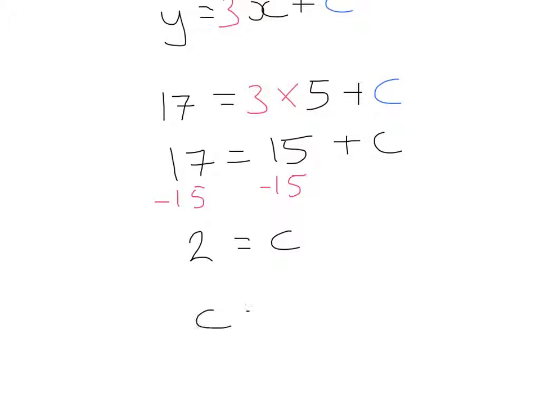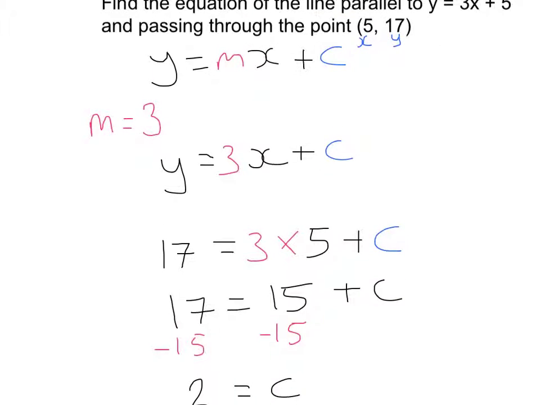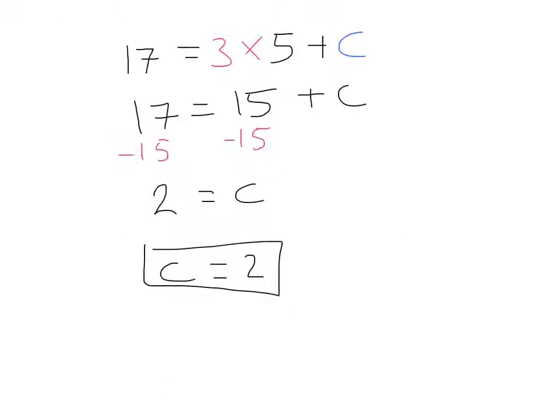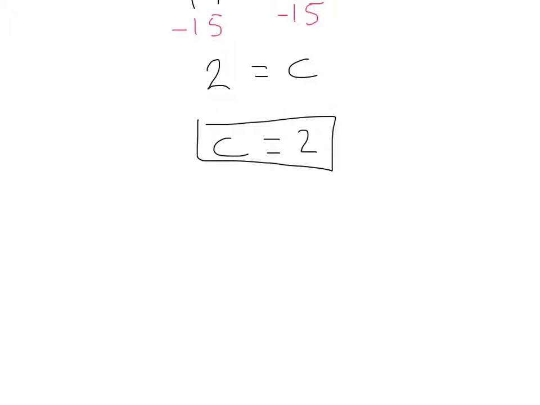So c equals 2. I can now take that and substitute it back into the equation we had up here, and that will leave me with y equals 3x plus 2.